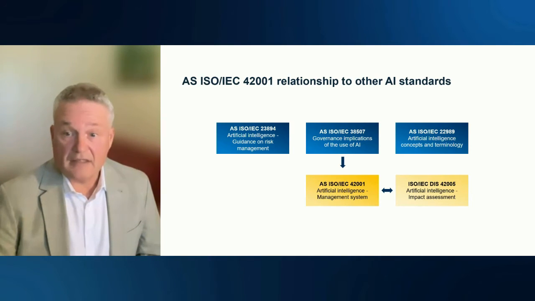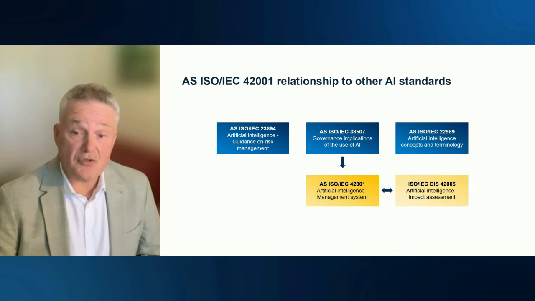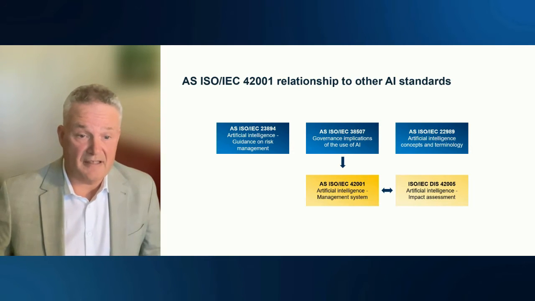When it comes out, we'll probably do a similar webinar on it. You will find that a lot of 42001 makes reference to the AI impact assessment. There is some guidance in 42001. 42005 is a far more comprehensive version of a standard that will help you conduct the impact assessment.